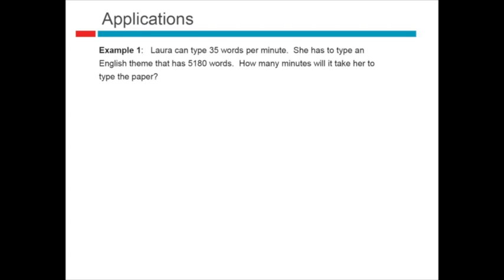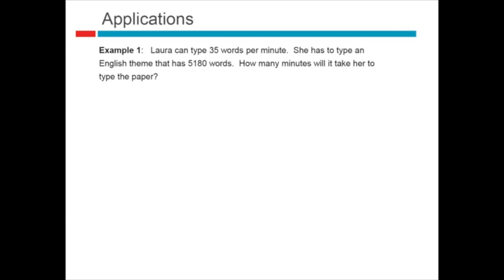All right, so first we want to make sure we understand the problem. Laura types 35 words per minute. She has to type an English paper that has 5,180 total words. So how many minutes will it take her to type the paper?